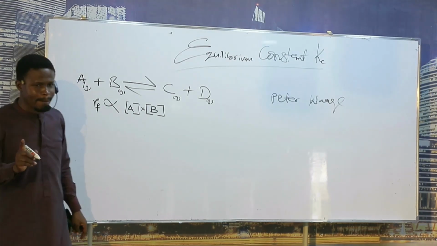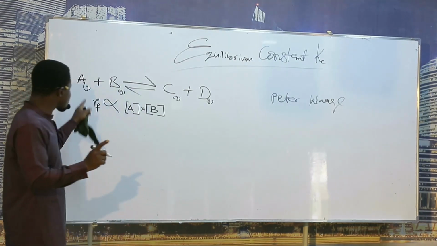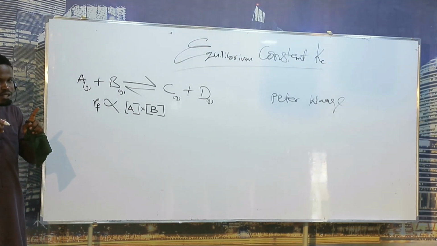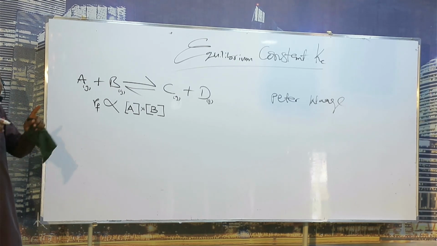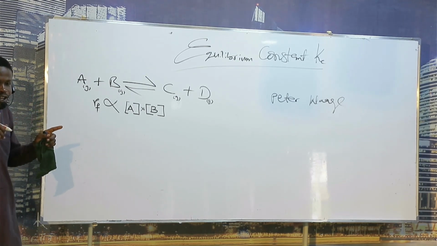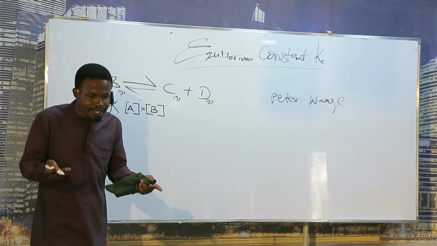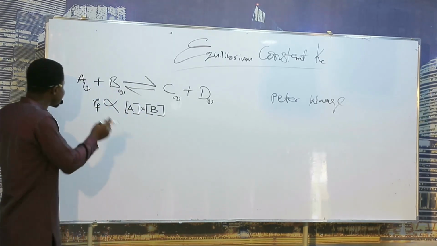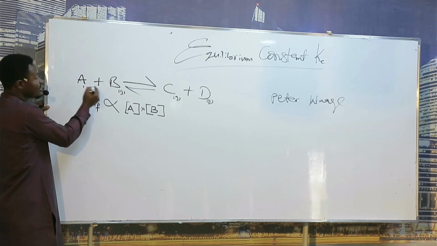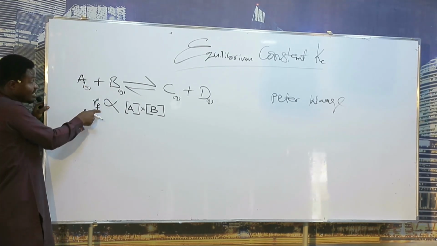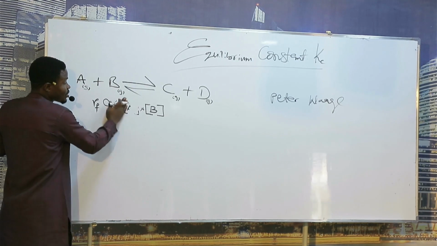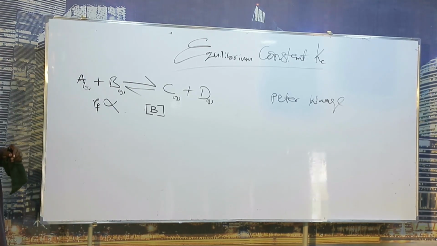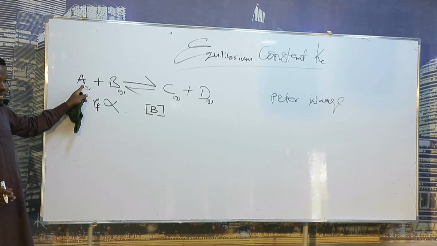If I have a solid or a pure liquid, they are not active species, so I cannot involve them here. Had I indicated A as solid, the rate of this reaction would be equal to B. So why did I include A?